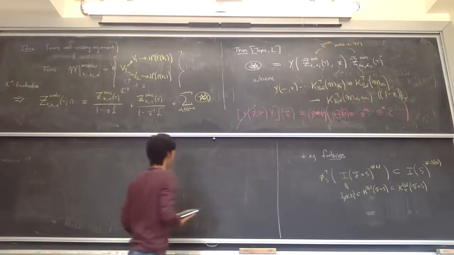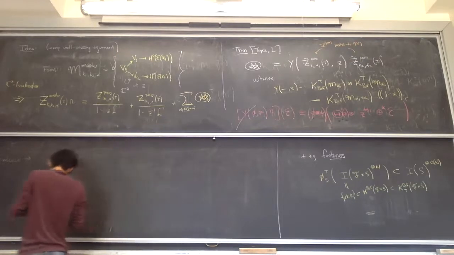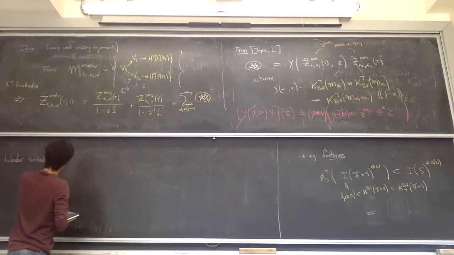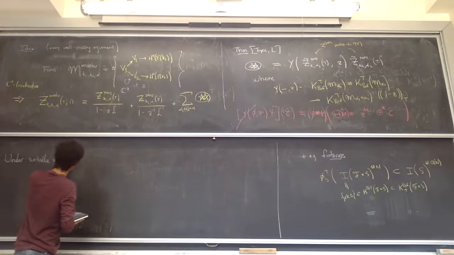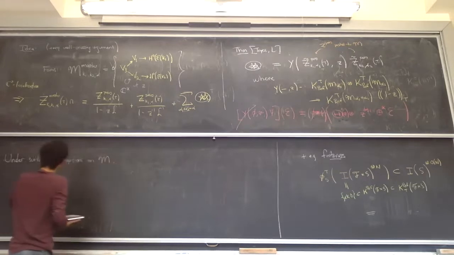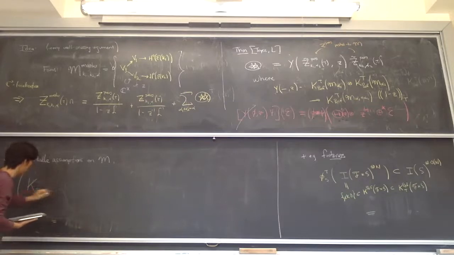Somehow, like if you just want to run localization, you'll get some formula like this. But what's interesting is that under suitable assumptions on M, y. Okay, so the following package of data forms some kind of vertex algebra.